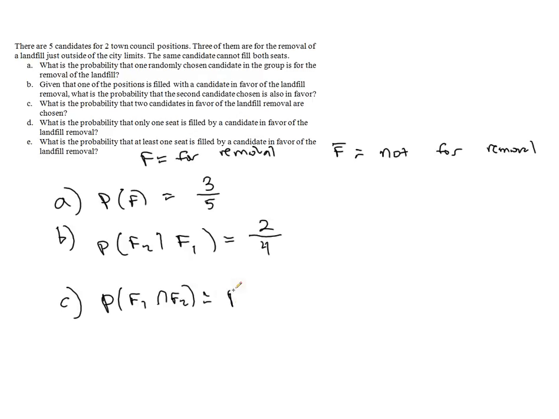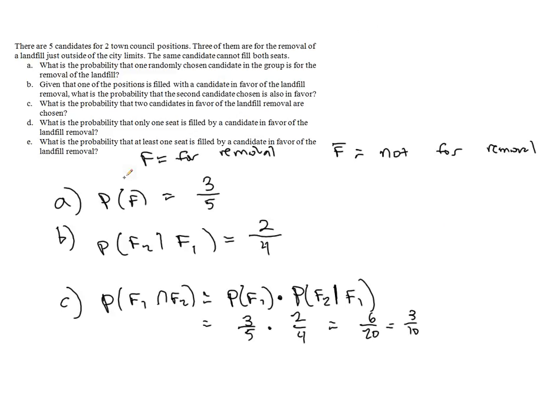That starts with the probability of F1, the probability that you choose a person who's in favor, times the probability that you choose a second person who's in favor, given that one of those people has already been selected. We know these numbers: a 3/5 chance for the first round times a 2/4 chance for the second round gives us 6/20, or reduced, 3/10, so a 30% chance.